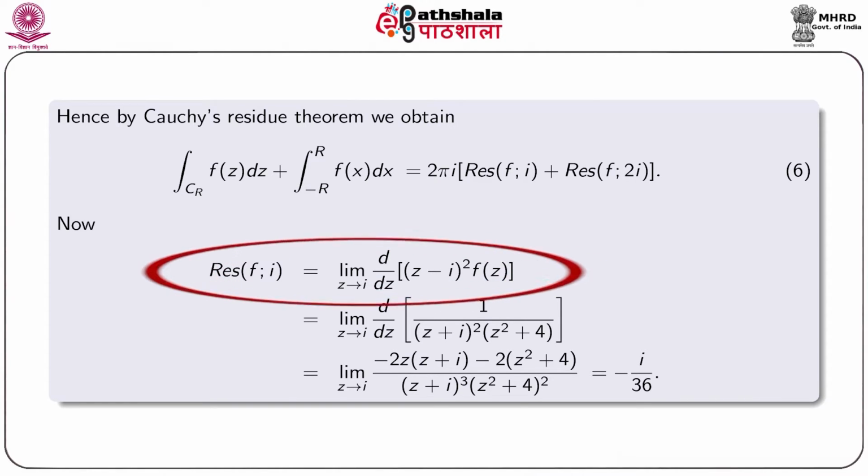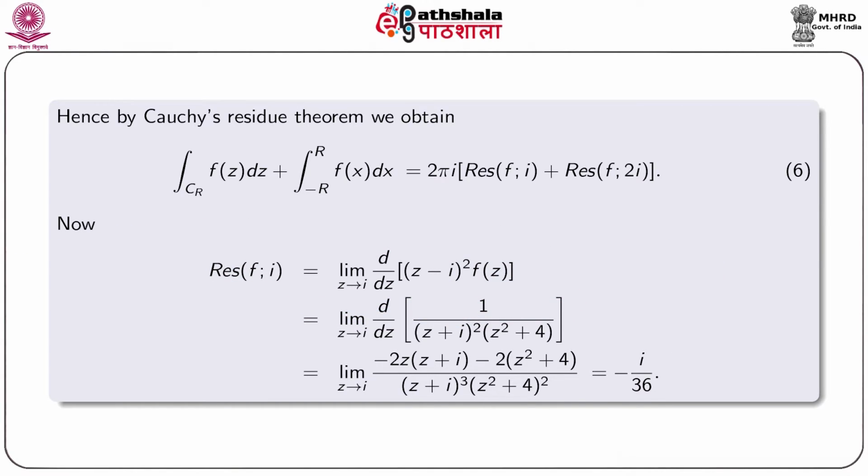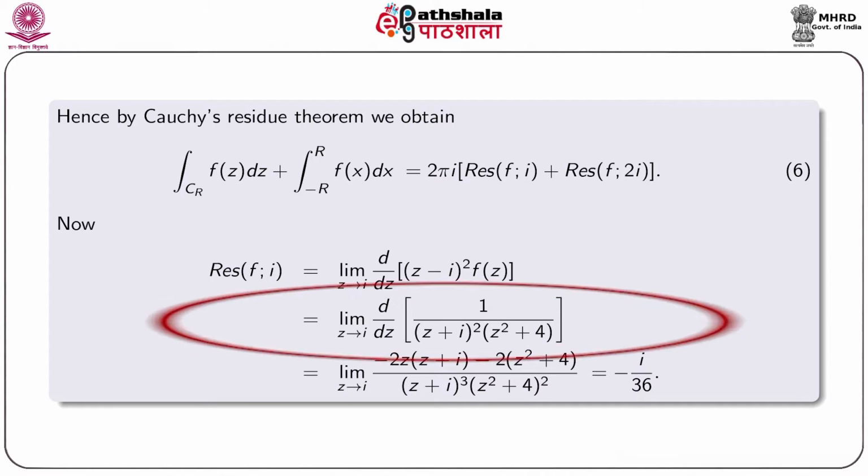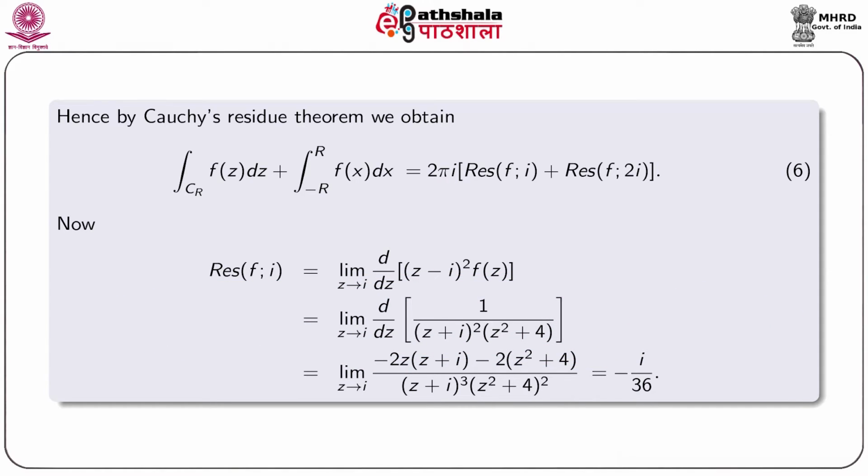Now, the residue of f at i is equal to the limit as z tends to i of d by dz of (z minus i) squared into f(z), that is equal to the limit as z tends to i of d by dz of 1 by (z plus i) whole squared into (z squared plus 4), and that is equal to the limit as z tends to i of (minus 2z into (z plus i) minus 2 into (z squared plus 4)) by ((z plus i) cube into (z squared plus 4) squared), which is equal to minus i by 36.